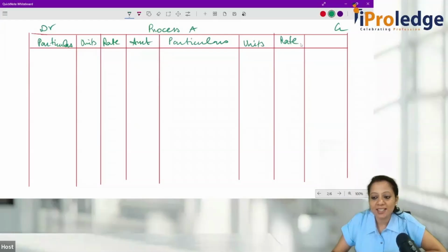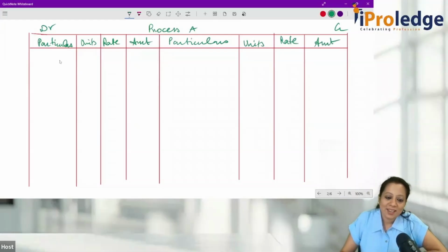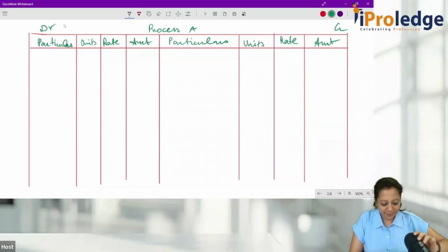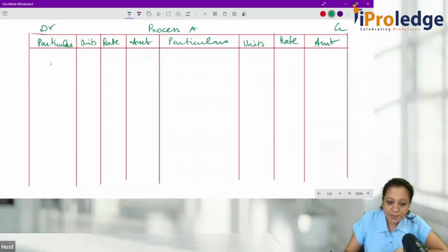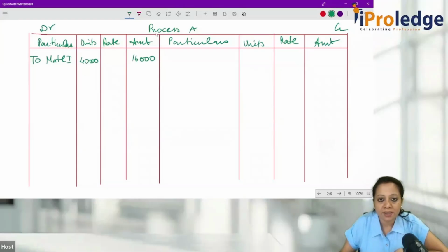Units, rate, and amount. So now we will proceed to start with, as usual, I told you the crude material was introduced. So material introduced. Okay. So that is going to be 40,000 units and the amount is 16,000. So rate we can calculate if required.